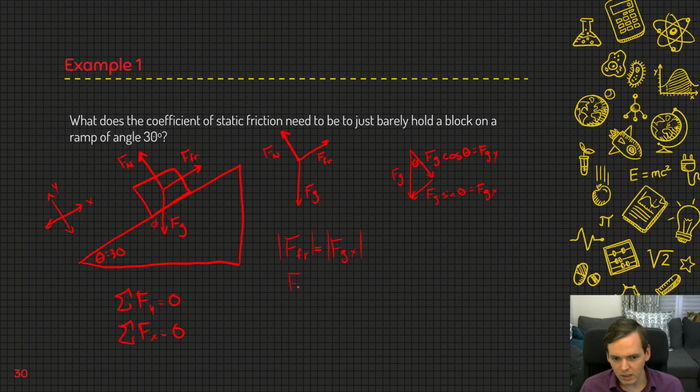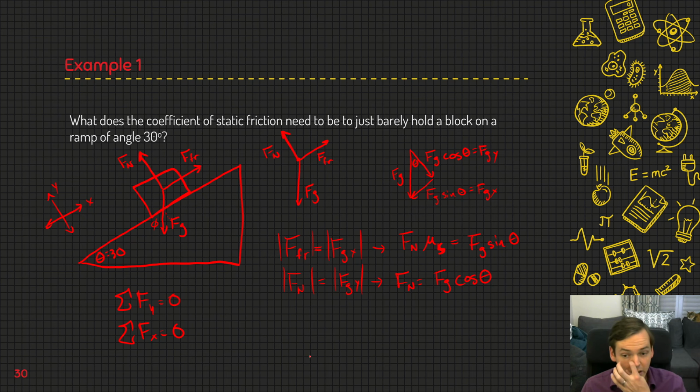Likewise, the normal force has to be equal in magnitude to Fgy in order for them to cancel out. So this equation becomes Fn times mu s, because it's static, equals Fgx, which is Fg sine theta. And this becomes Fn equals Fg cosine theta.